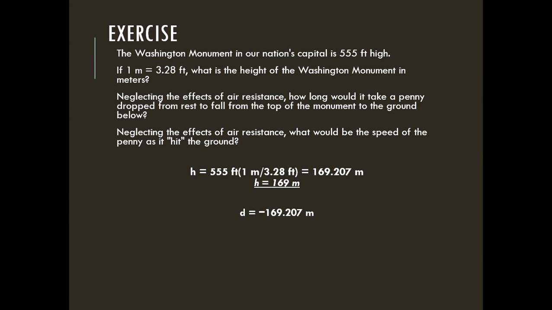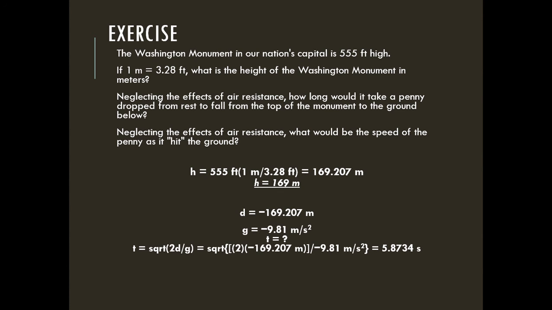Right, what will be the distance that it covered? Well, it covered minus 169.207 meters. We also have our gravity, which will be minus 9.81 meters per second squared. And remember that the second question is asking us how long it took the penny to reach the ground.